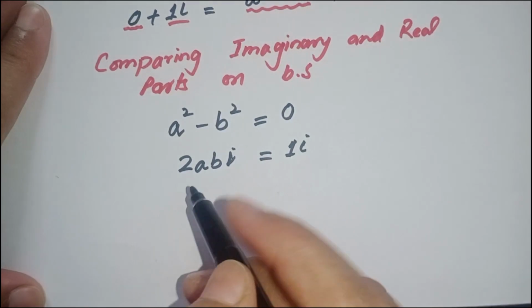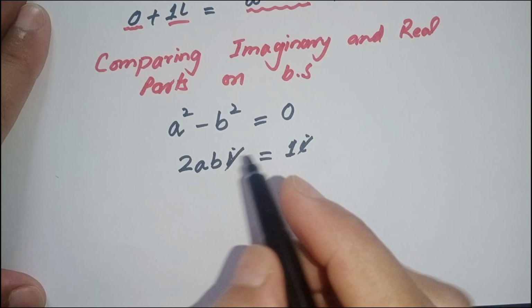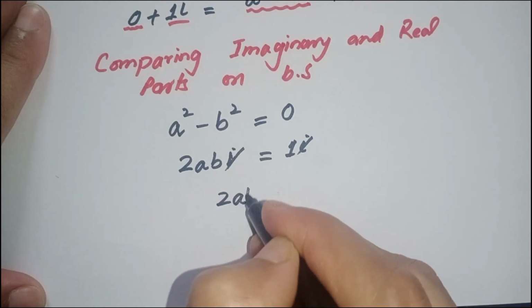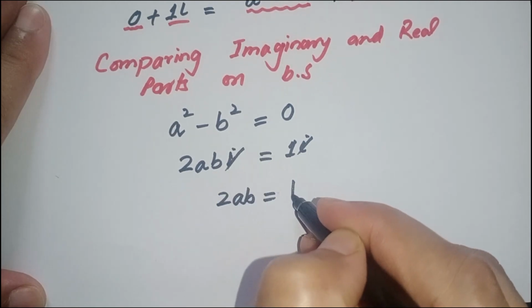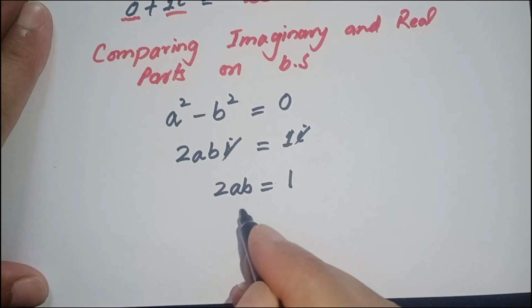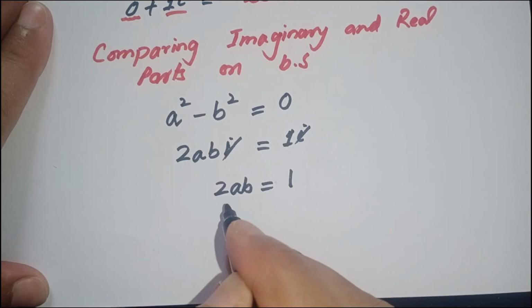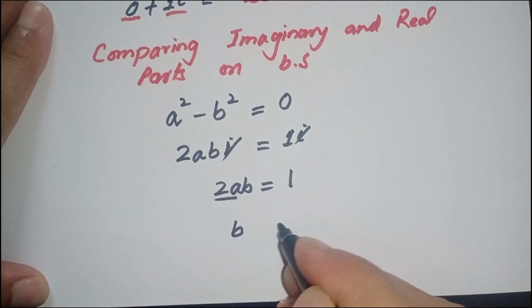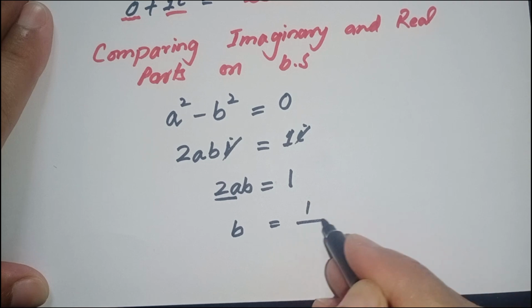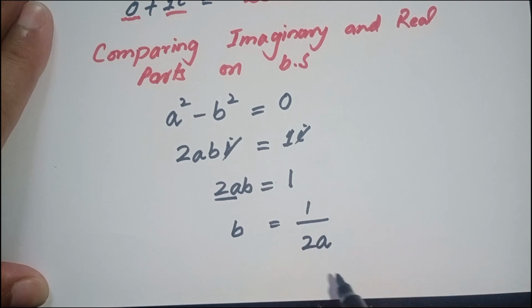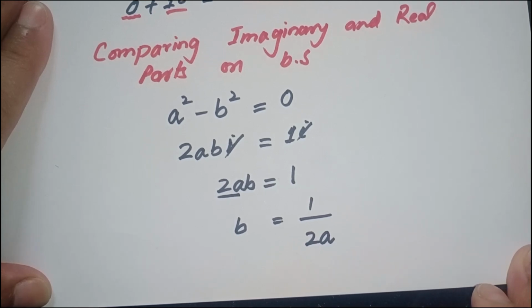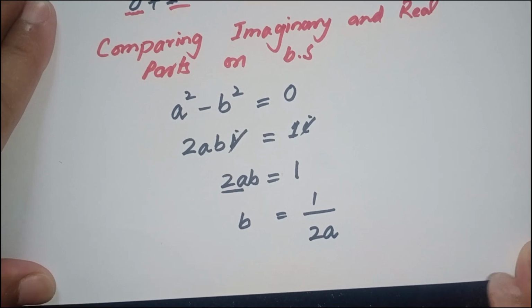So the i will cancel out with the i, and 2ab is equal to 1. From here, we take 2a to the other side and get b is equal to 1 over 2a.